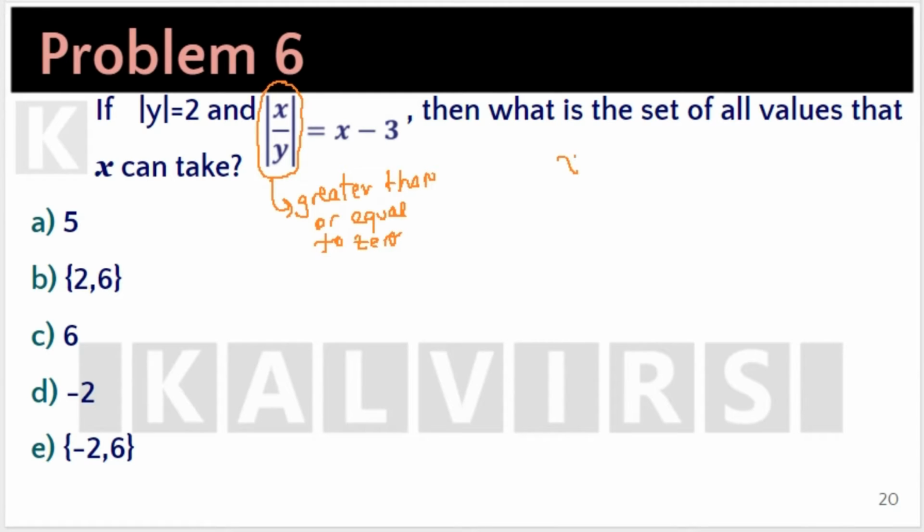It means that x minus 3 must be greater than or equal to 0. Therefore, x must be any number that is greater than or equal to 3.